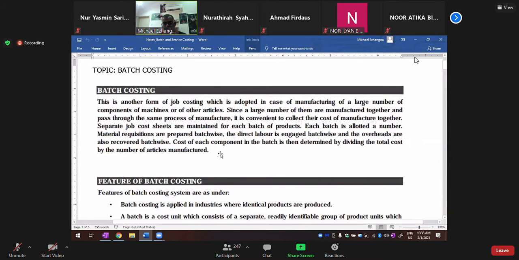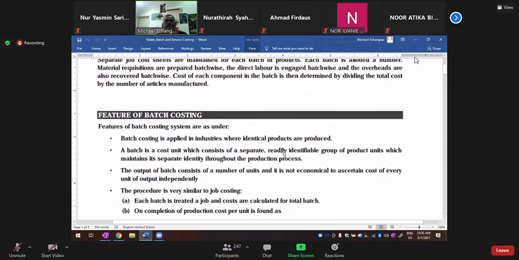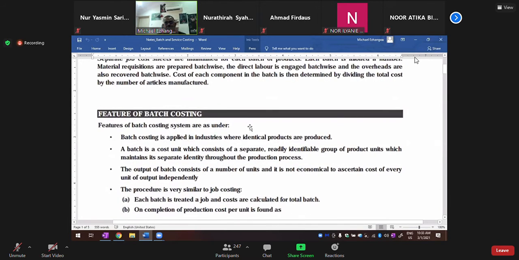Next, features of batch costing. Features of batch costing are, as you can see underneath here, it says batch costing is applied in industries where identical products are manufactured. All right, identical, they're all the same one by one, right? Within a batch, be careful. A batch is a cost unit, considered a separate, readily identifiable group of product units which maintain a separate identity throughout the production process, right?